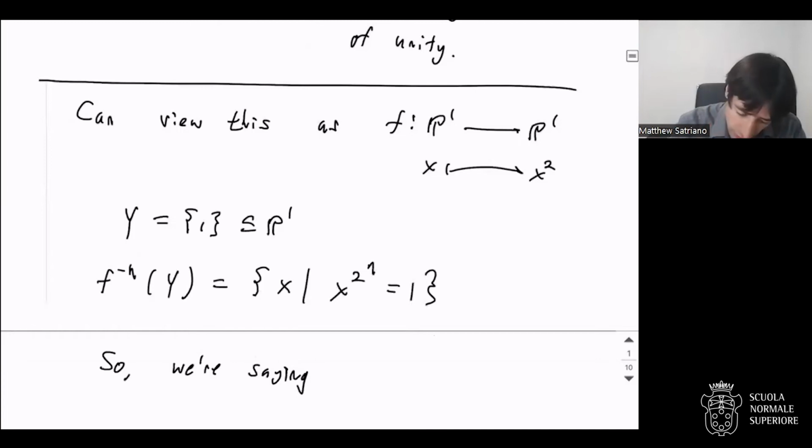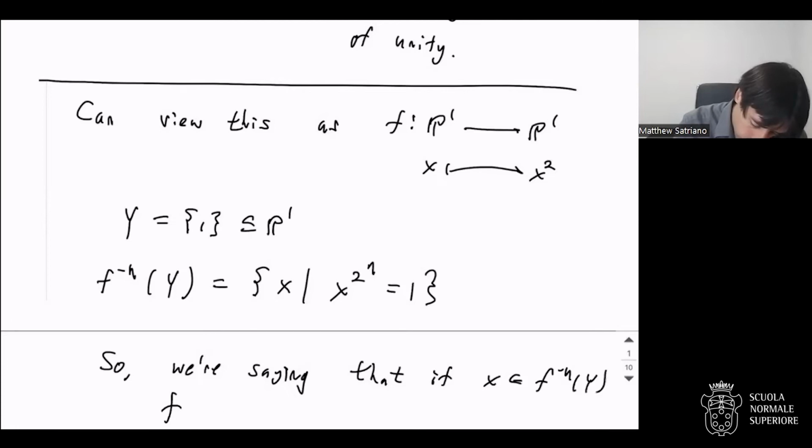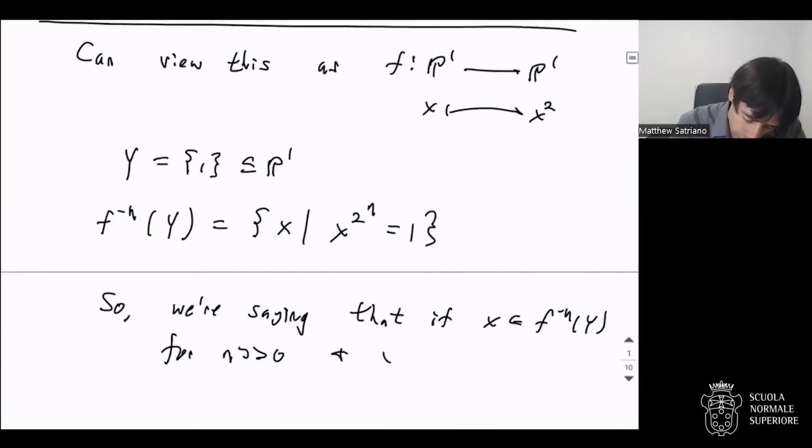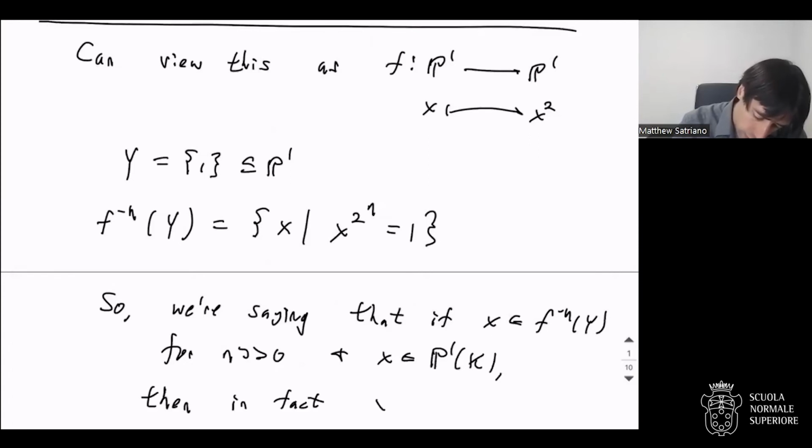That is, if x is in F^n inverse of y for n very, very big, and x is a K point, then in fact x was in a much smaller preimage.